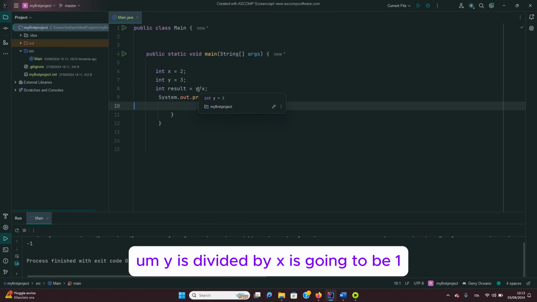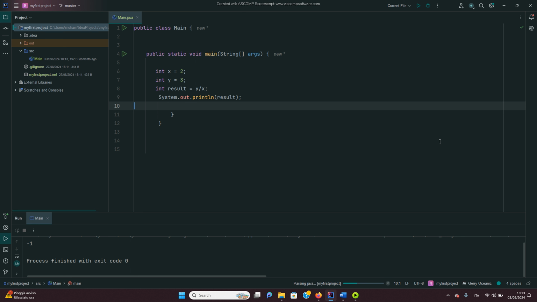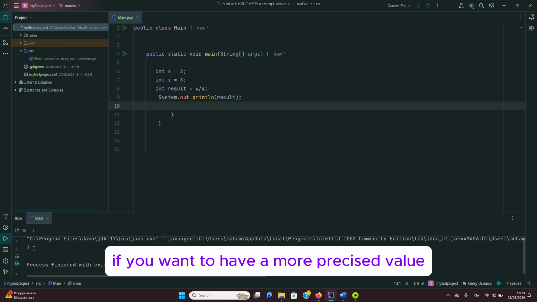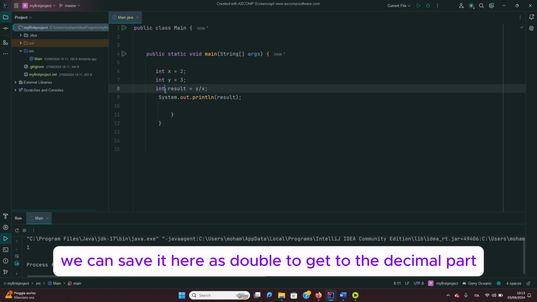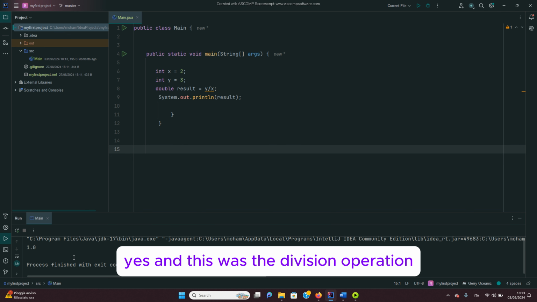Y is divided by x is going to be 1, because 3 divided by 2 is 1. If you want to have a more precise value, we can save it here as double to get the decimal part. Yes. This was the division operation.